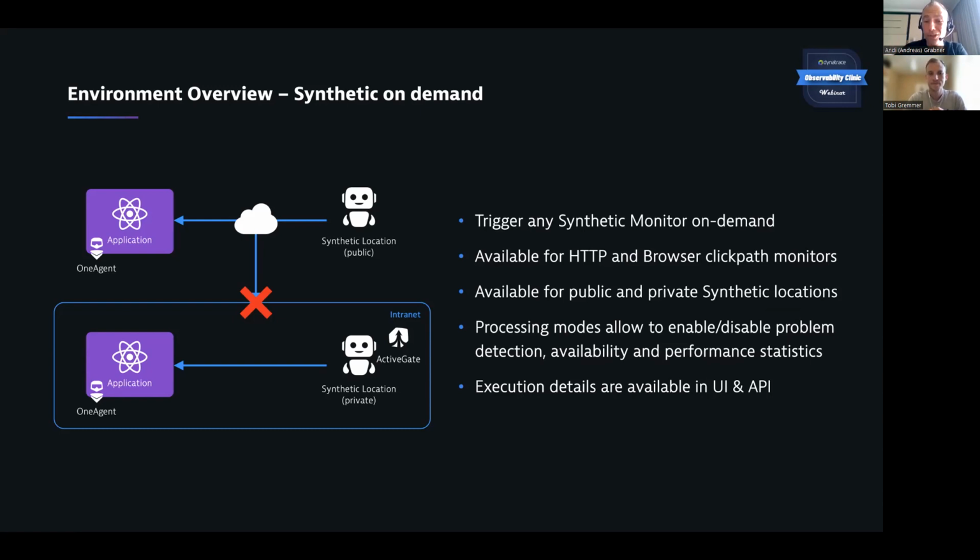But I think another big use case is also, as you mentioned, pre-production validation. You get a new build in a pre-prod environment, and now you want to execute certain synthetic tests on demand to validate, is this canary or this blue-green deployment or pre-prod environment deployment actually working well enough, so at least the APIs and the major use cases work well.